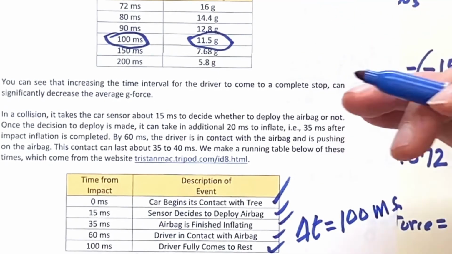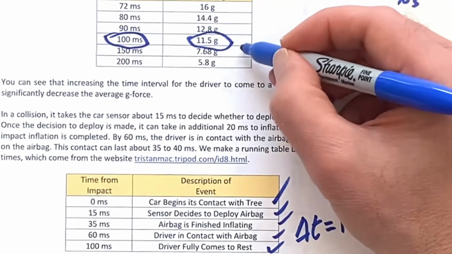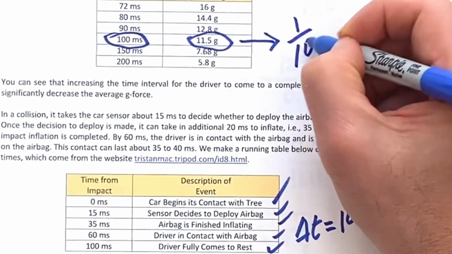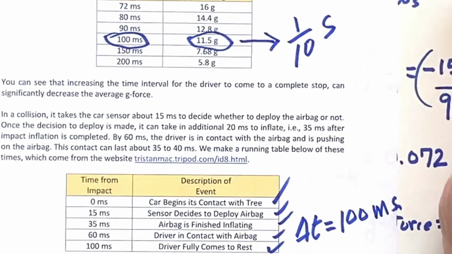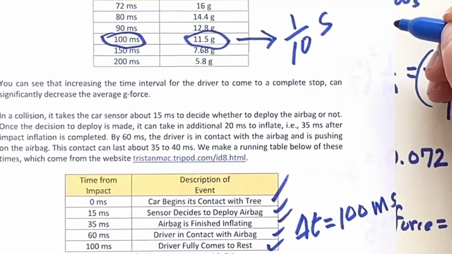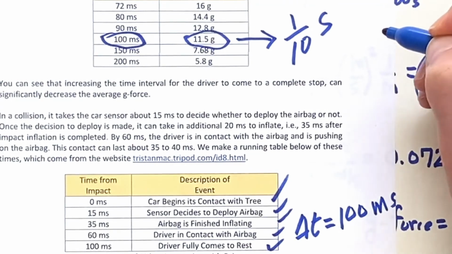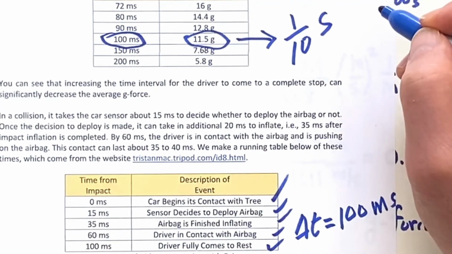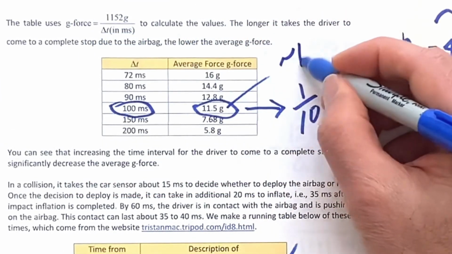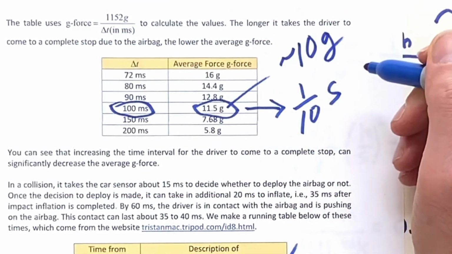Now the time is so short, in this case we're looking at 1/10 of a second. So that's another important thing. If you experience a g-force in a split second, that's to your advantage rather than experiencing it constantly for a long period of time. So you're going to experience roughly 10 g for about 1/10 of a second.